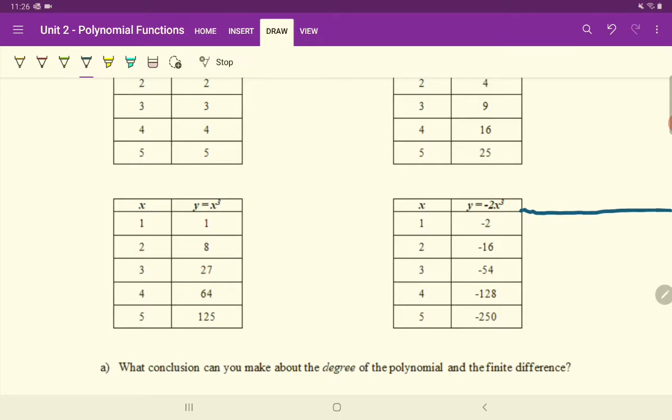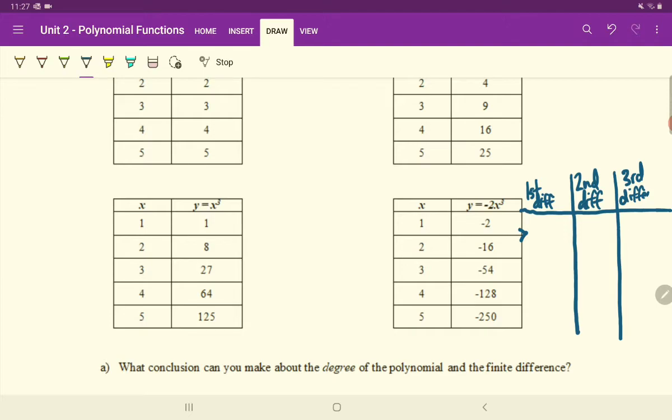Let's find the first differences, then the second differences. We've already drawn the conclusion that if you have a cubic function, it's the third differences that will be constant. This question just serves as a reminder of that. But let's find all the differences. You'll need some practice doing that.